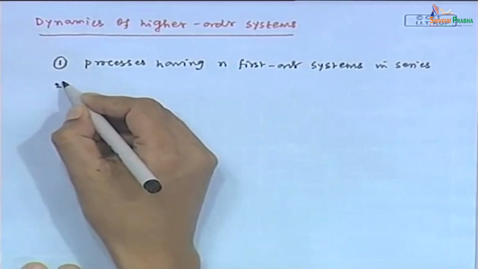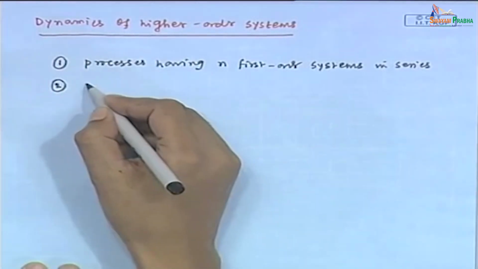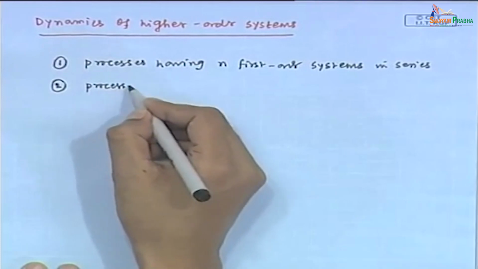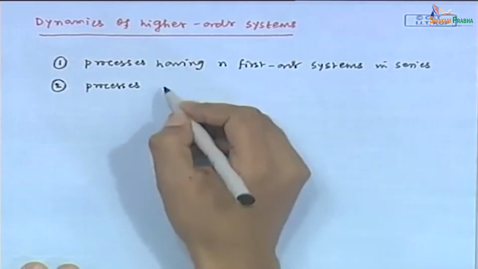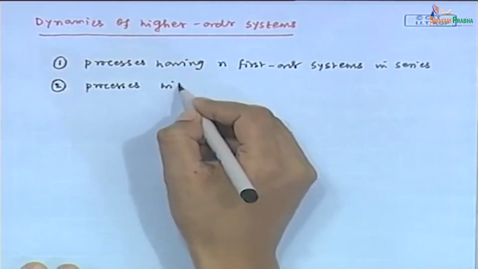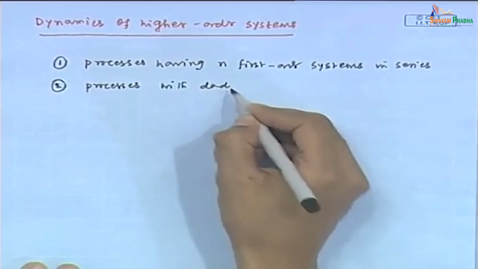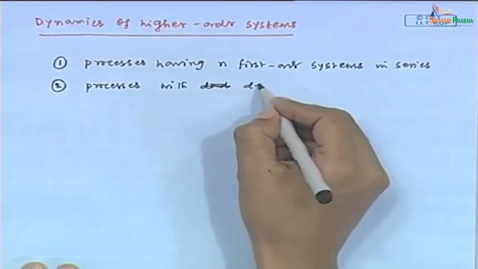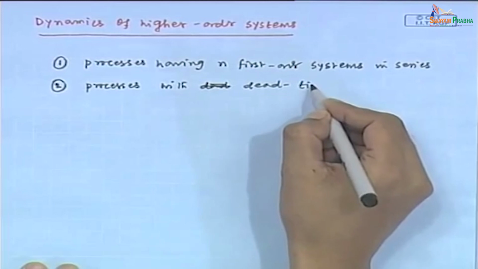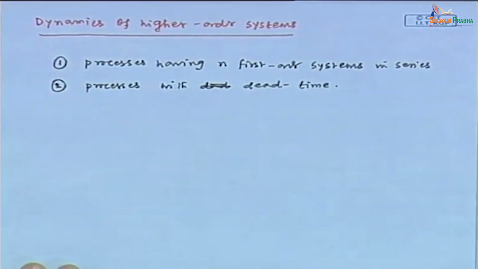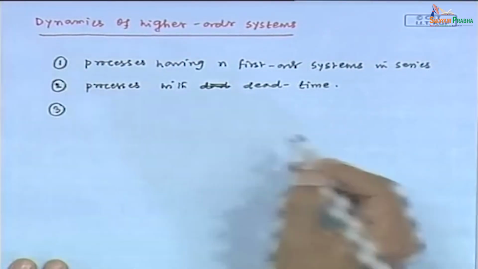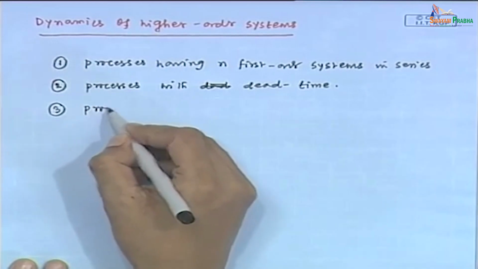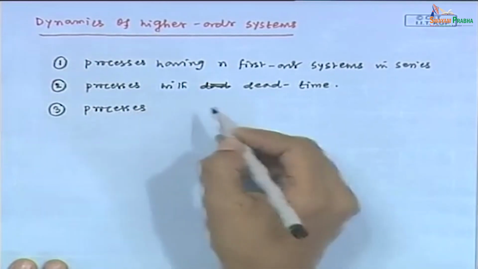The second example is processes with dead time. The third is processes with inverse response.